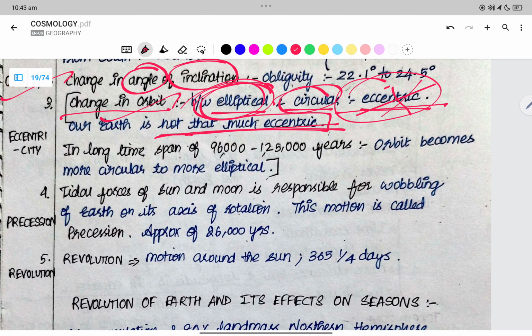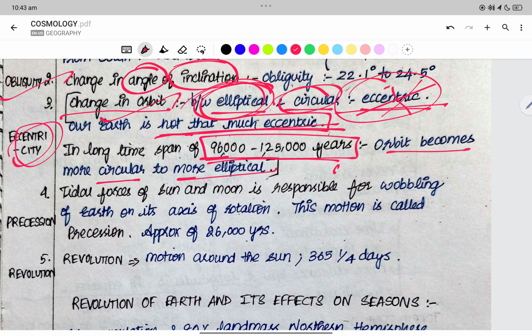Eccentricity, over a long time span of about 1,25,000 years, is when the orbit becomes more circular to more elliptical. Eccentricity is the change in the orbit. The change in the angle of inclination is obliquity.